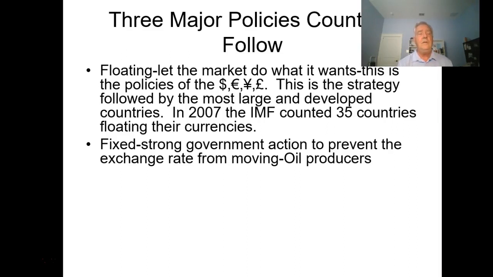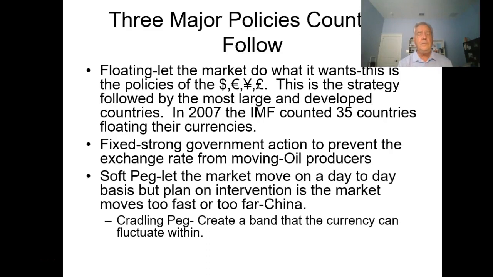The other method of handling currencies is a fixed rate, where strong government action is used to prevent a move. Now, fixed, for instance, is oil. Oil is priced everywhere in the world in US dollars. You cannot buy oil without buying in dollars. You can't buy oil with euros. You have to convert those euros to dollars first, and then you can buy oil. So that's a fixed exchange rate or a fixed currency.